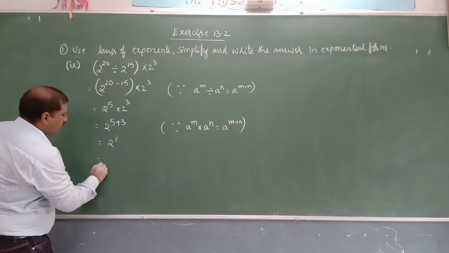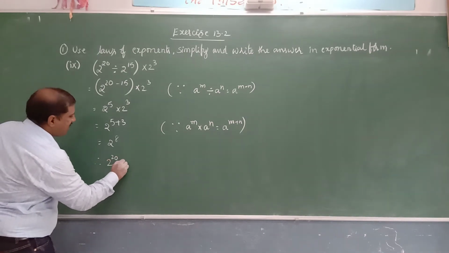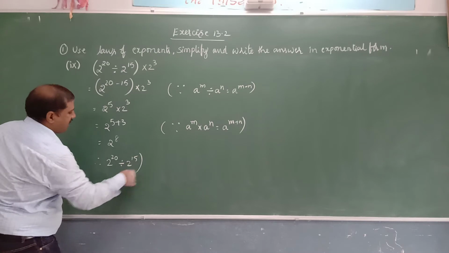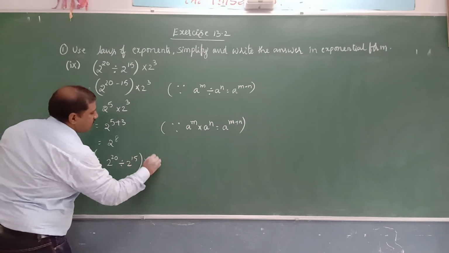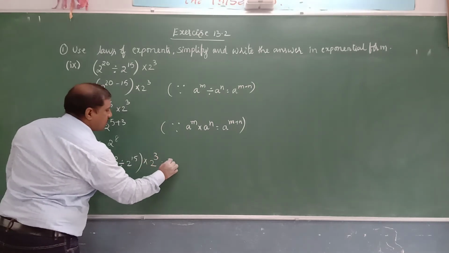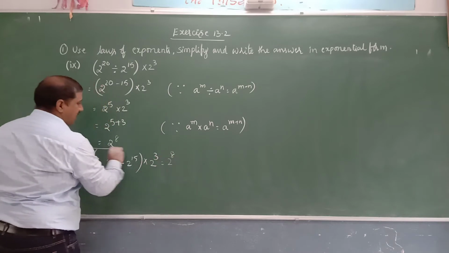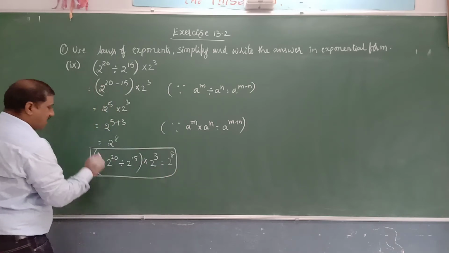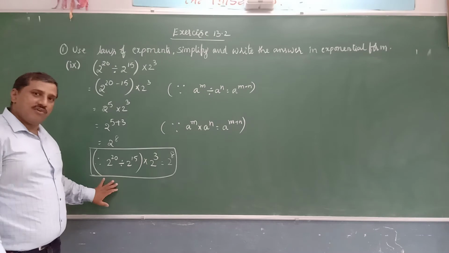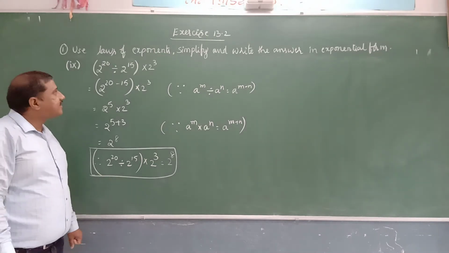Therefore 2 to the power of 20 divided by 2 to the power of 15 whole into 2 cube is equal to 2 to the power of 8. Like this we will simplify and write the answer in the exponential form. Is it clear? Yes.